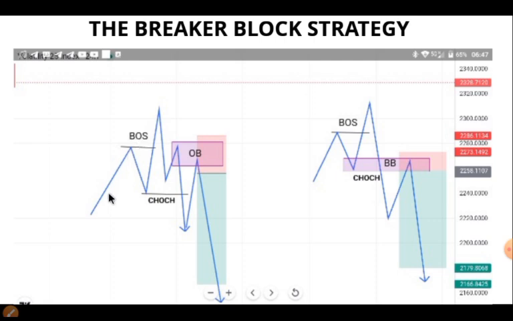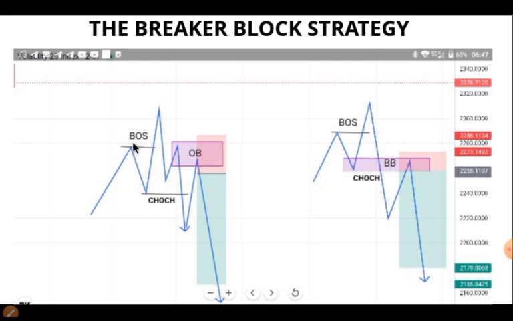Let's say this is a bullish market. Price has been trending upwards, so you are going to see price breaking structure only to the upside for a bullish market.